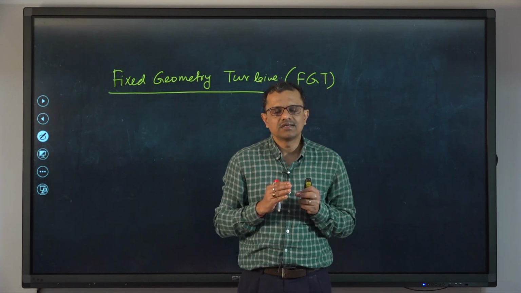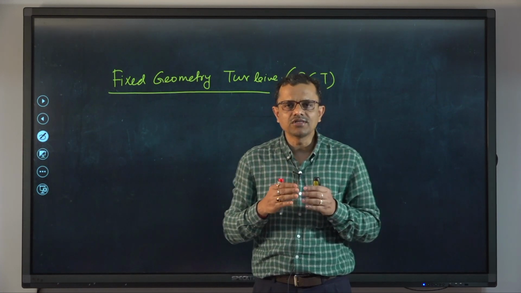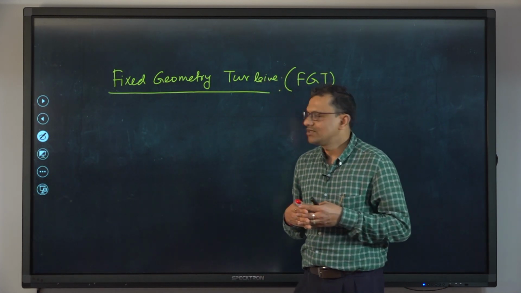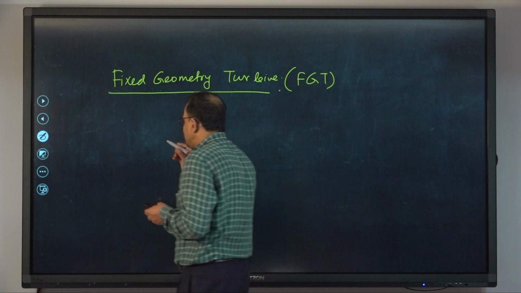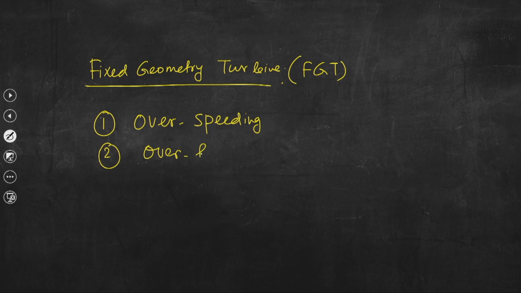While we are trying to operate turbochargers at high rotational speed to have high pressure ratios, two important issues should be taken into account, because these two issues are very detrimental for the operation of the turbocharger. These two problematic issues are, number one, overspeeding, and number two, overheating.